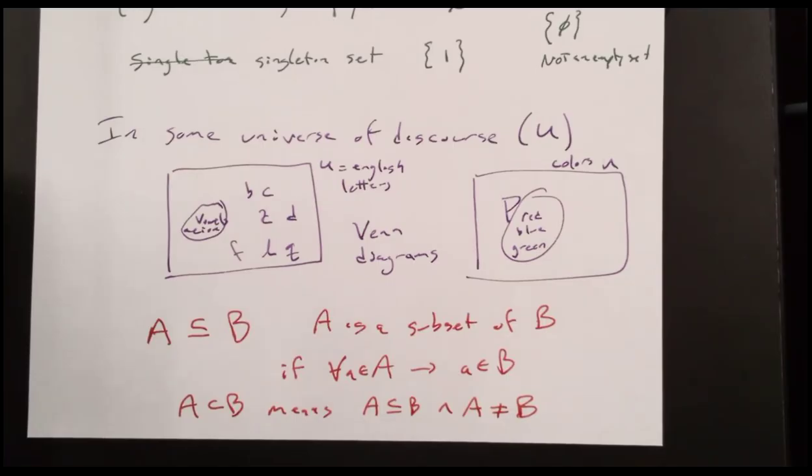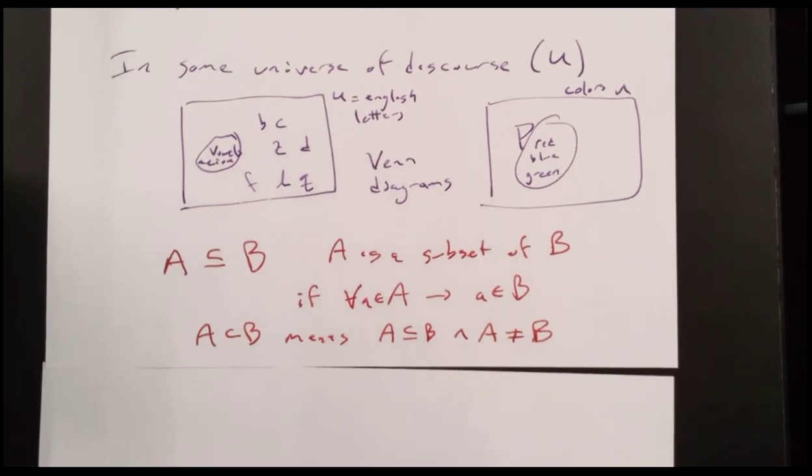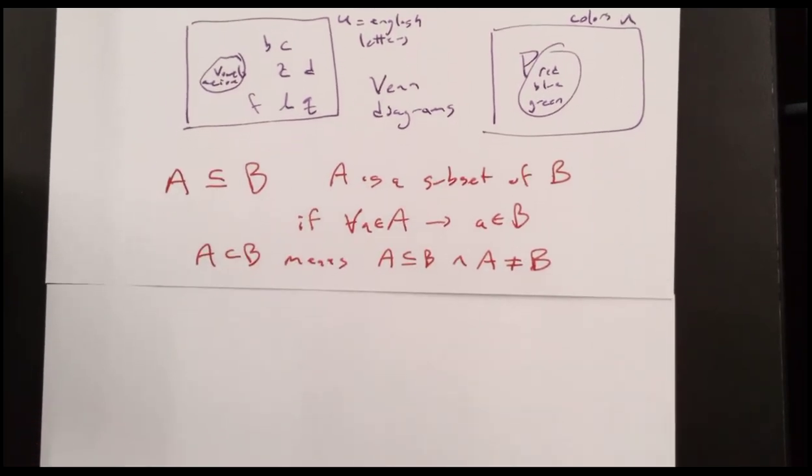What's the Venn diagram picture look like for a subset? Is it going to be 2 circles that overlap?